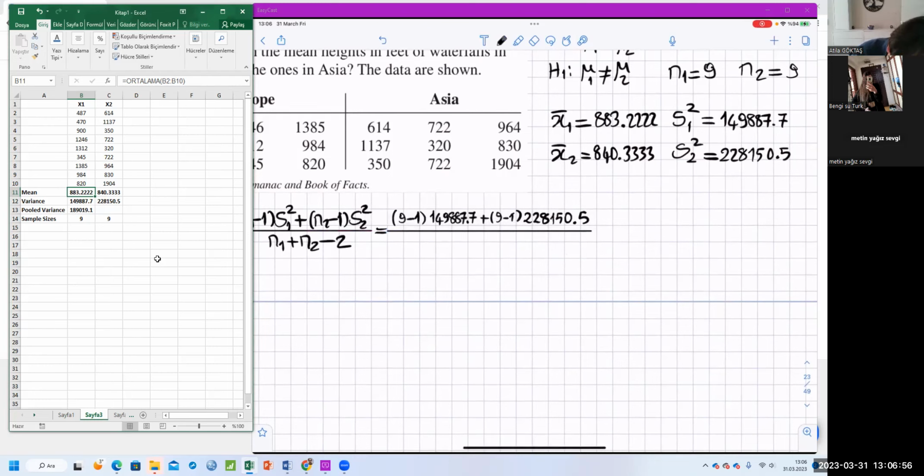This is divided by 9 plus 9 minus 2. And the result of the pooled variance is already right there.